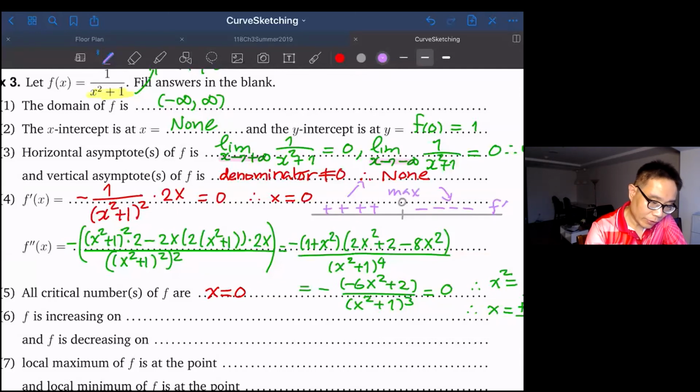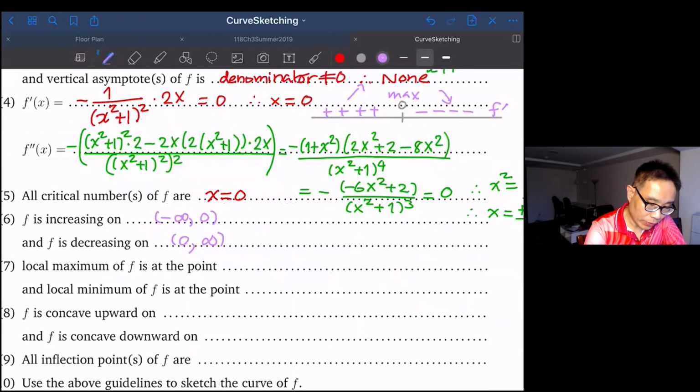So you have increasing on negative infinity to 0 and decreasing on 0 to infinity. Okay, and you have local maximum at 0, f(0). So it's going to become (0, 1). Okay, so f(0) is equal to 1, and you have none for local minimum.